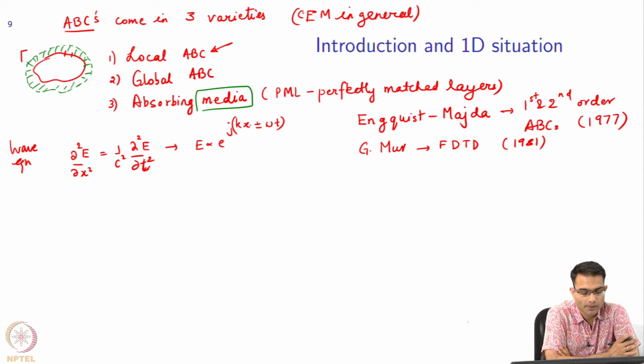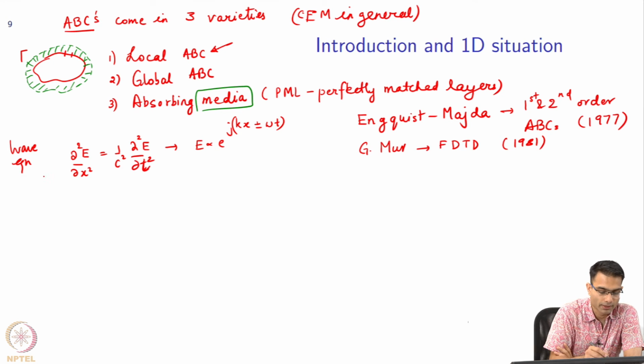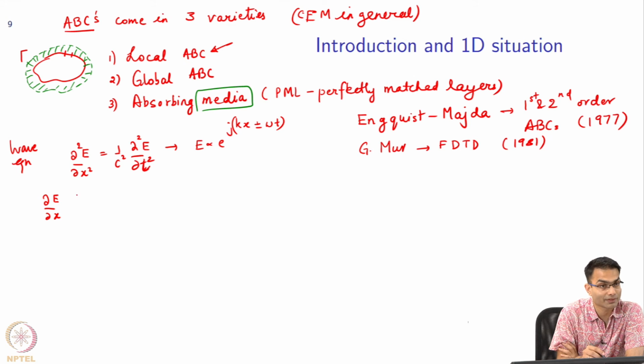Now, let me try to write this equation, or interpret this, in a different way. Supposing I write this equation in the following way, in terms of first order derivatives.